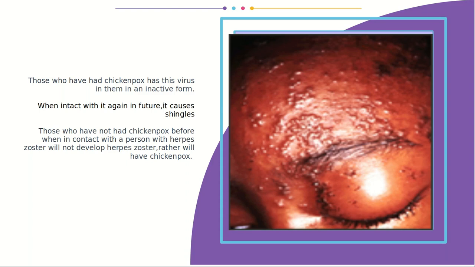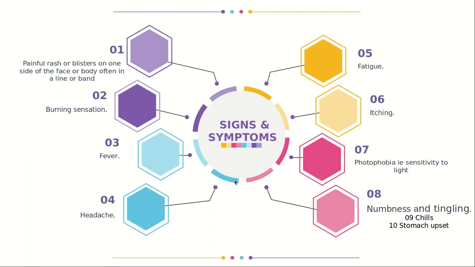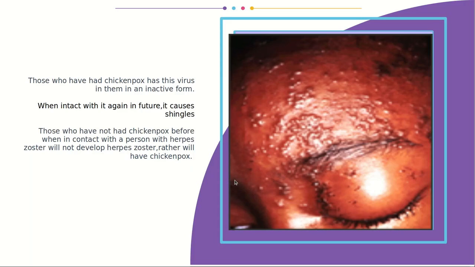So meaning someone that had chickenpox before will later have Herpes-zoster when in contact with the virus. So if someone has not had chickenpox before and you come in contact with a person that has Herpes-zoster, you will not develop Herpes-zoster. What will be developed will be chickenpox.